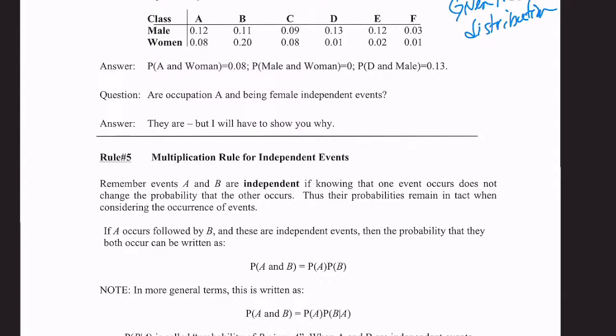Now, which one seems more likely? This one was 4%. This one was 14. That looks really messy.